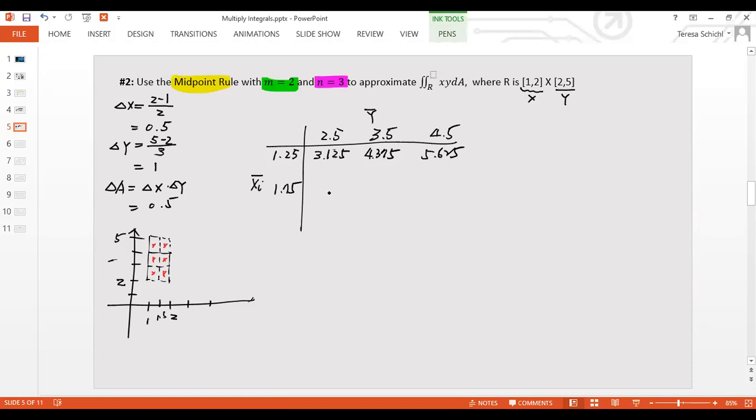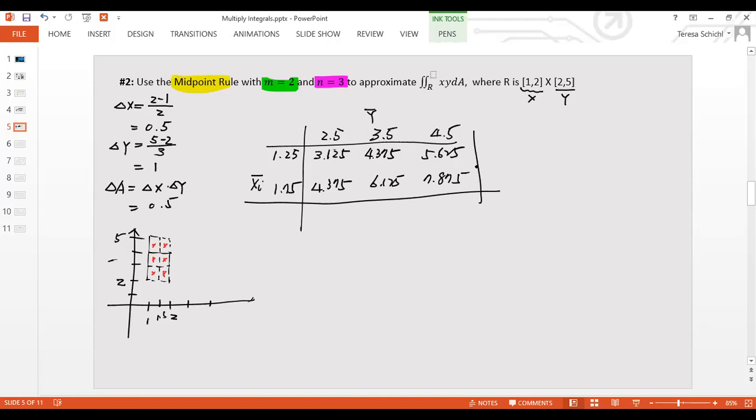So you plug it in. So this is 4.375 and 6.125, and this is 7.875. Okay, and then you add all of them together here, right?